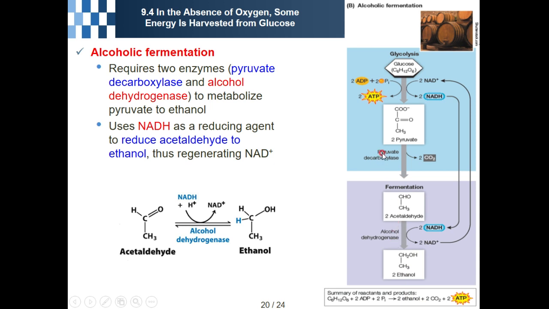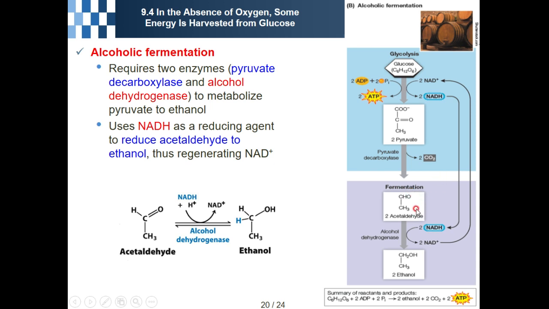First one is pyruvate decarboxylase. Decarboxylase, so during that time, CO2 is removed. So it will make the acetaldehyde like this.